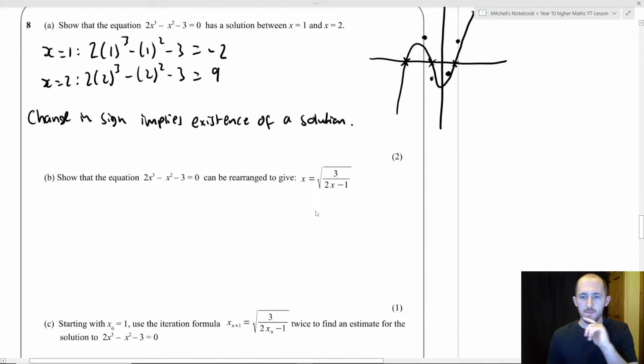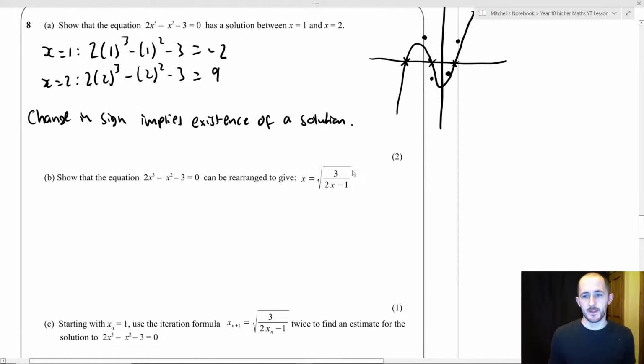Now, I said before that we can look at the signs, right? So if I look at the signs, the 2 is positive, so it needs to stay positive. The 3 is positive, so I need to make that positive somehow. And there's a square root.